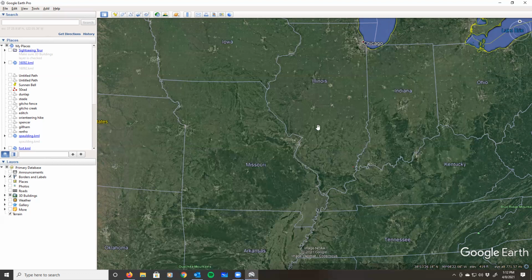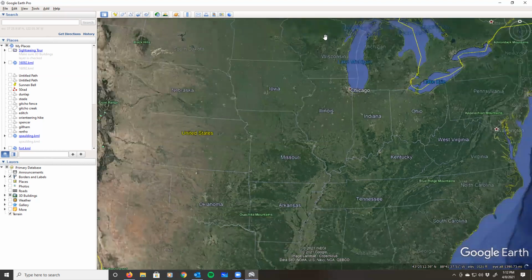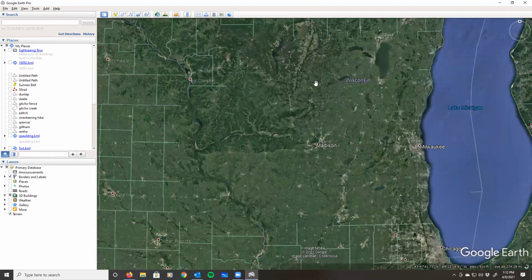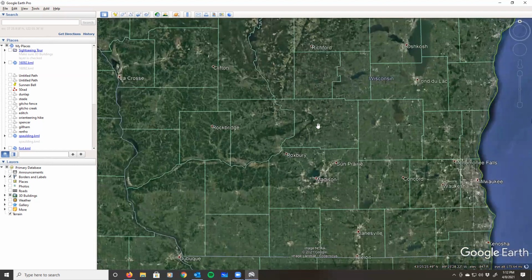Just because these are the definitions of these two projections does not mean that other projections can't be used. When you get into Wisconsin, every single county now has its own projection.